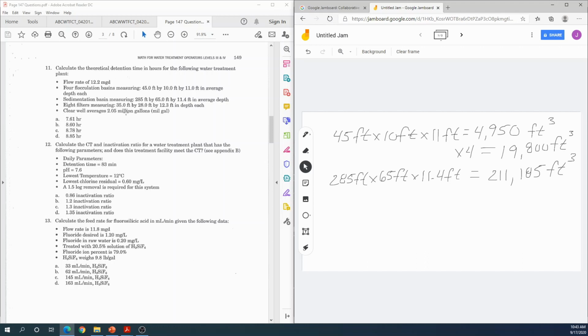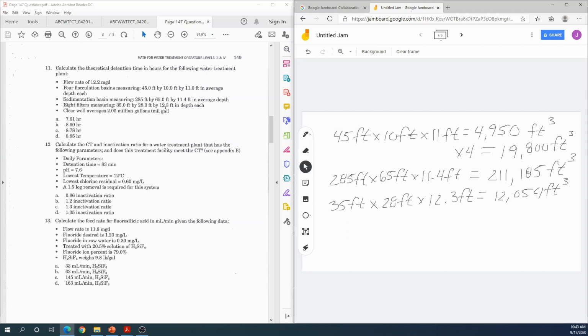Now we have 8 filters that are measuring 35 by 28 by 12.3. So we have 35 feet by 28 feet by 12.3 feet. That's going to give us a total of 12,054 cubic feet.